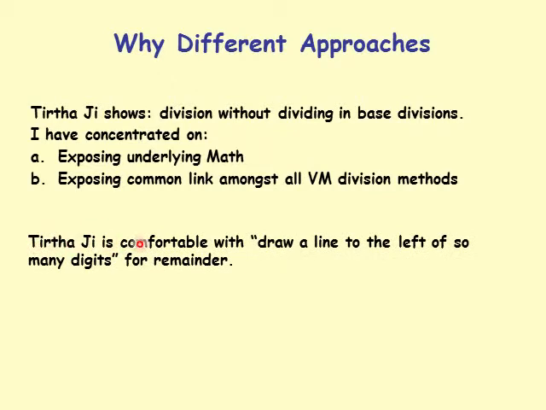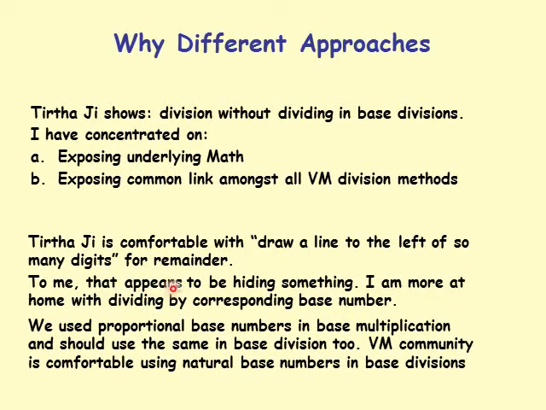Tirthaji is comfortable with the dry line to the left of so many digits for the remainder. To me, that appears to be hiding something. I'm more at home with dividing by the corresponding base number. I end up drawing a line too, but I do that with the full knowledge that I'm dividing by a base number.